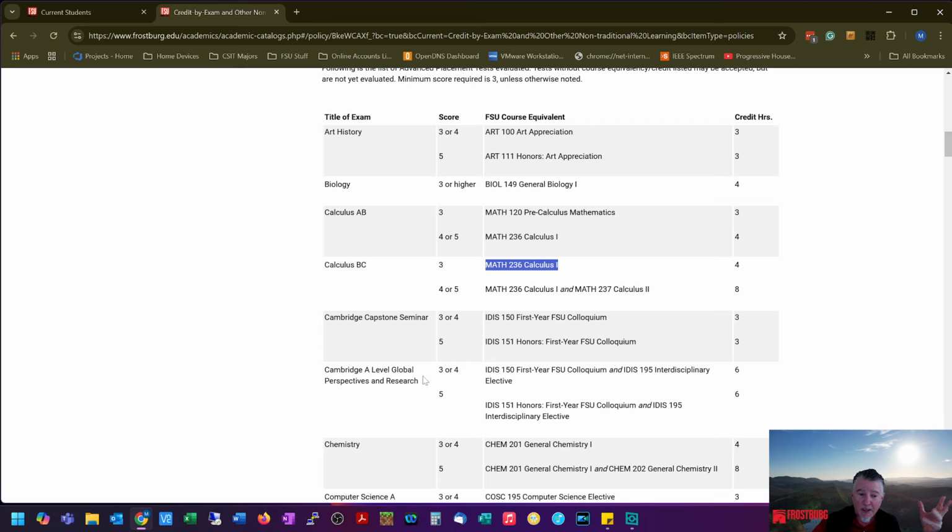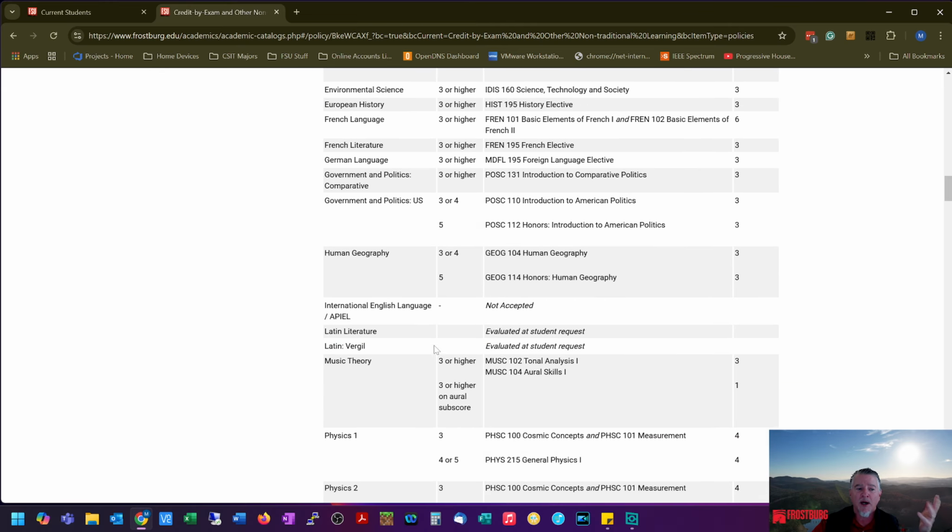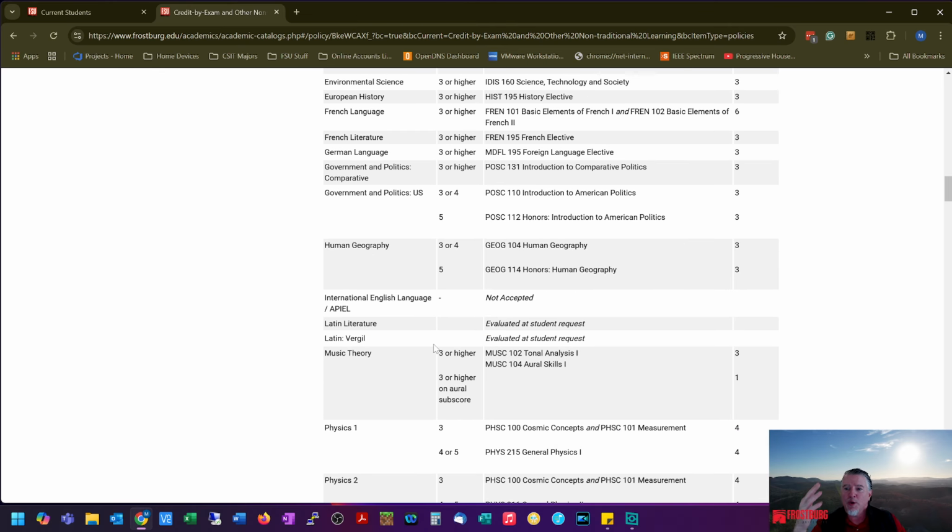What am I going to get? What grade do I need to get on my AP exam or my IB exam to earn college credit? By the way, this is different for different institutes. There's some standardization in there.